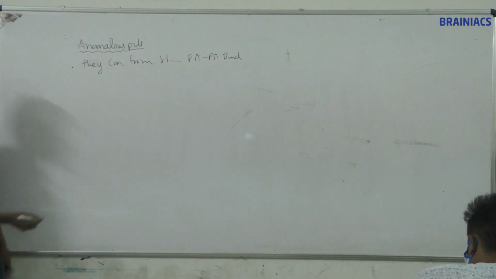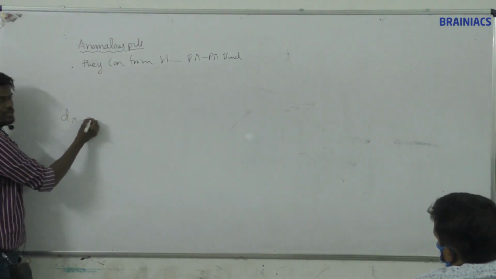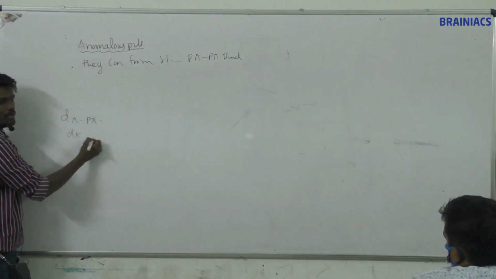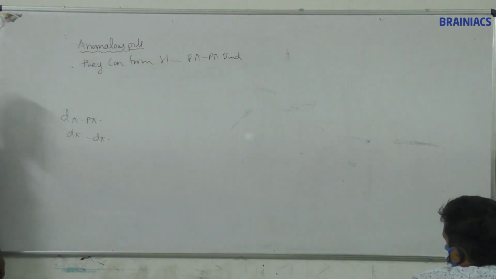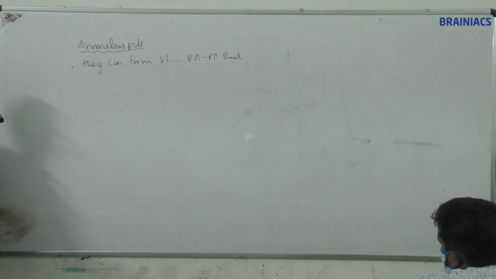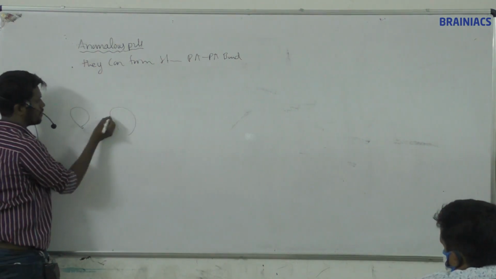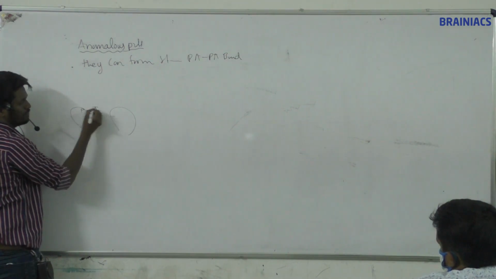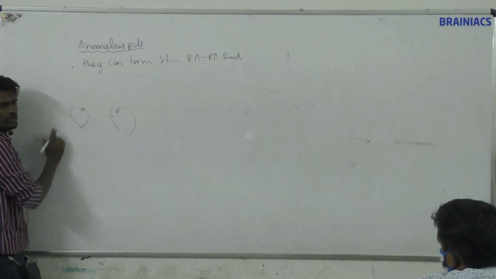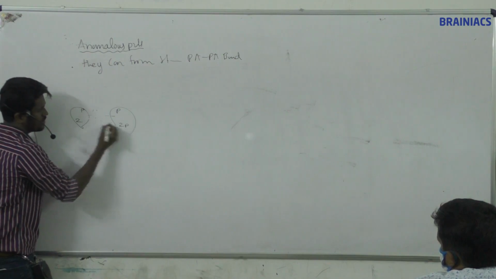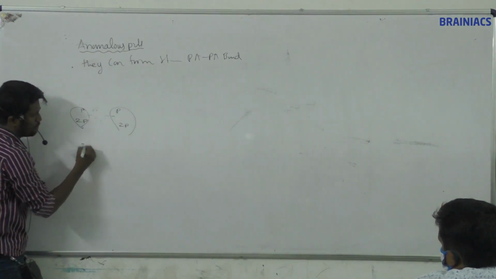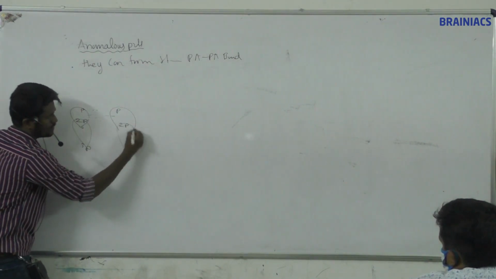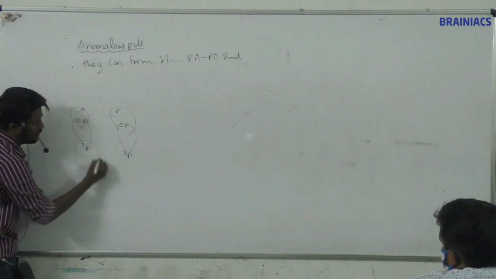They cannot show d-pi p-pi bonding due to the absence of d orbitals. So they show strong p-pi bonds, which is overlapping of pi orbitals, that is p-pi. It is the 2p orbital, and it is the 2p orbital, and it is the 3p orbital, 4p orbital.